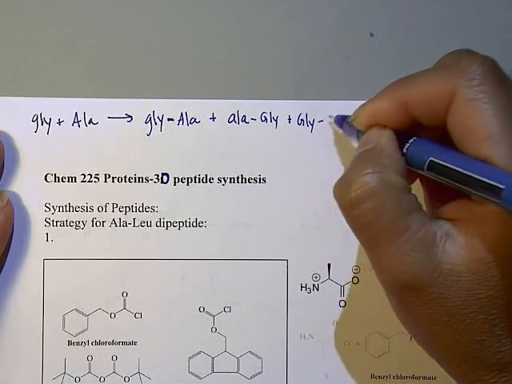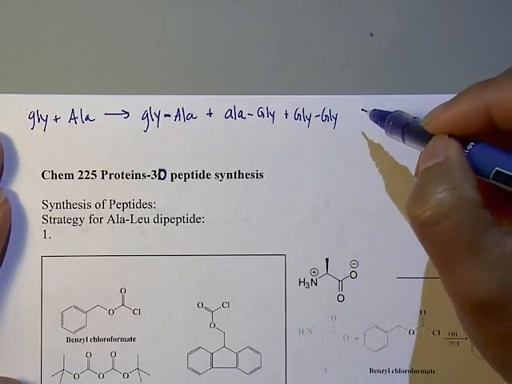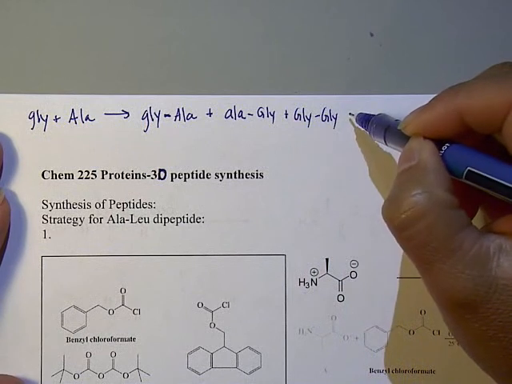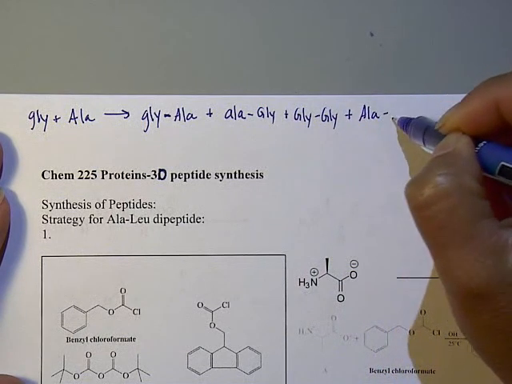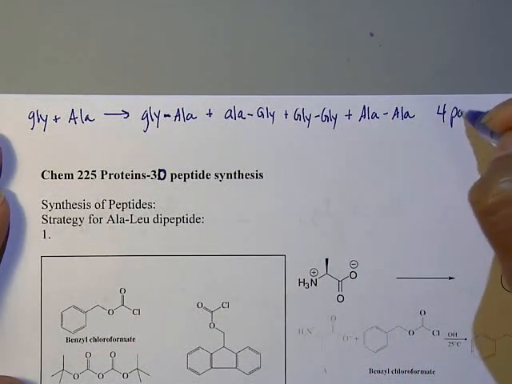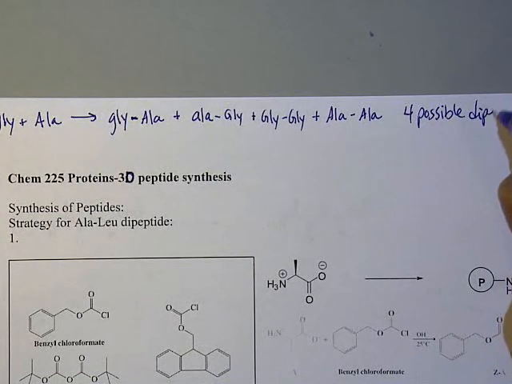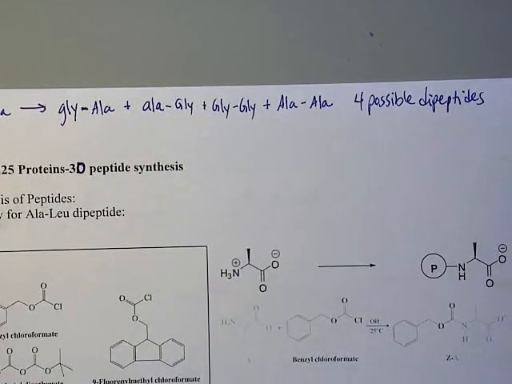There's nothing forcing it to react with another amino acid. So you could have glycine with glycine, and you could have alanine with alanine, right? So there are four possible dipeptides if you just react them the way they are, right?